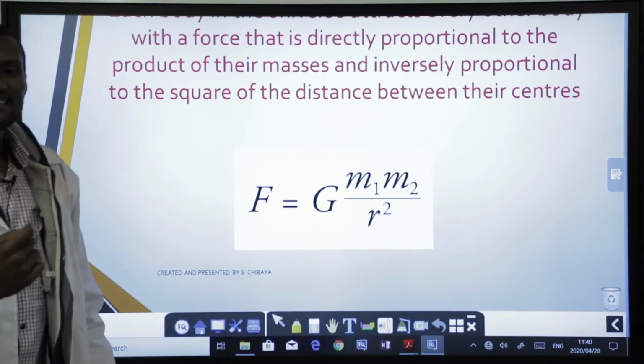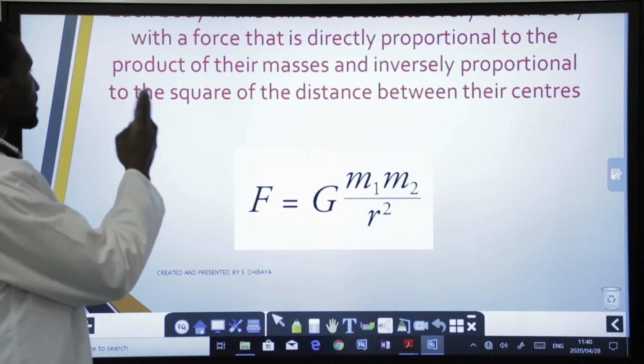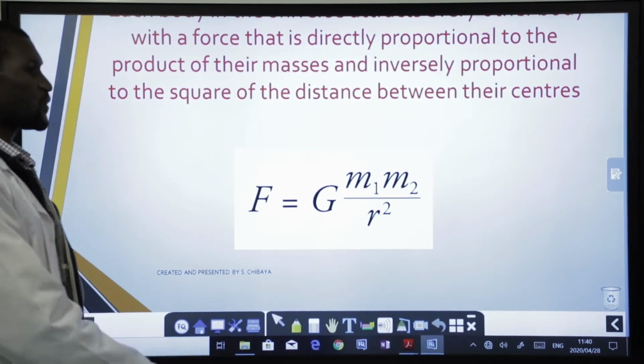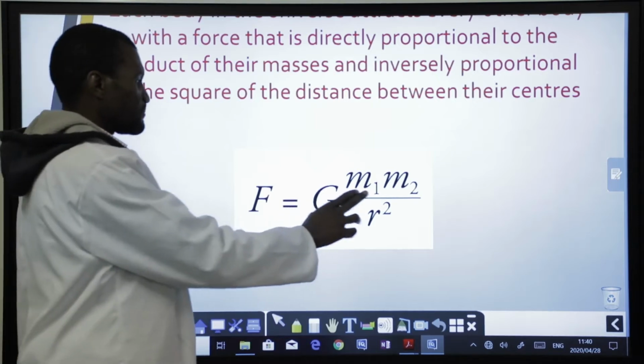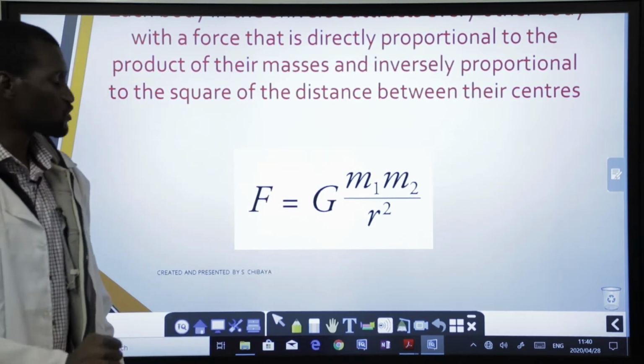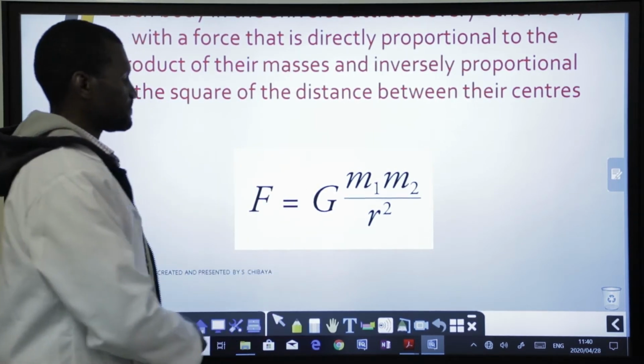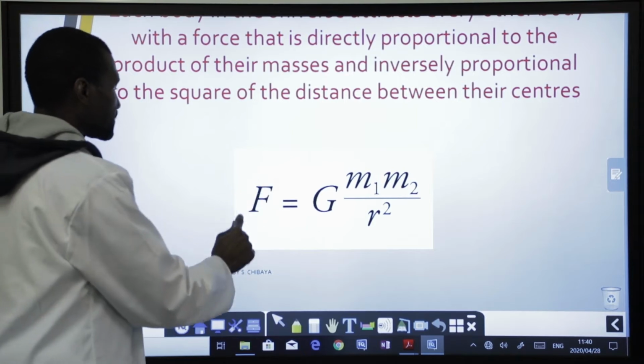The equation that summarizes that statement is F equals G multiplied by m1 m2 over r squared. What is this F?